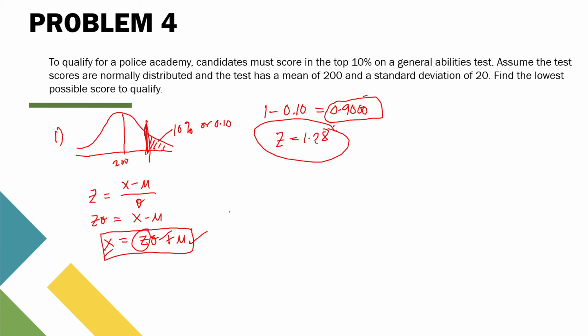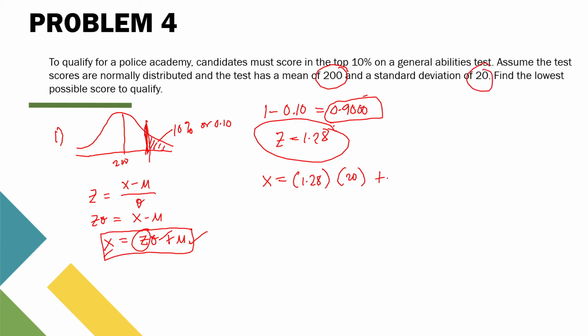1.28. So we can now simply substitute here. Our x is 1.28 times the standard deviation, which is 20, plus the mu of 200.